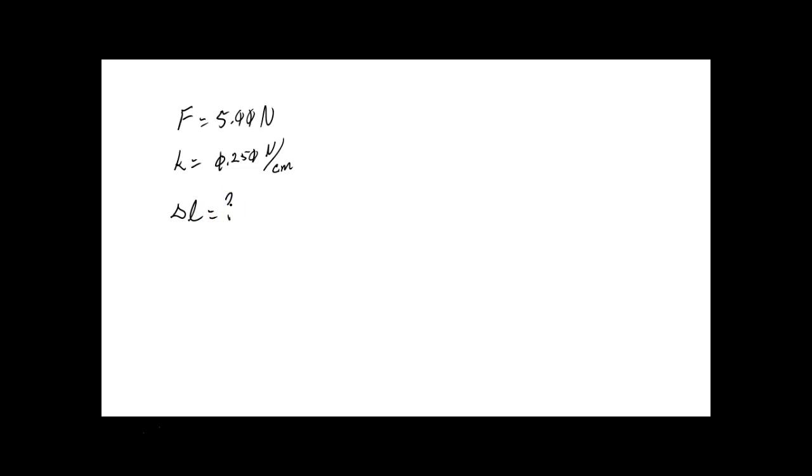What was our formula? Oh, I was going to turn back to it, but I've already erased it. The formula is this: F over delta L, the ratio of the force to the change in length, is that elastic constant. We know this, we know that, we're looking for this, so let's solve for delta L first.